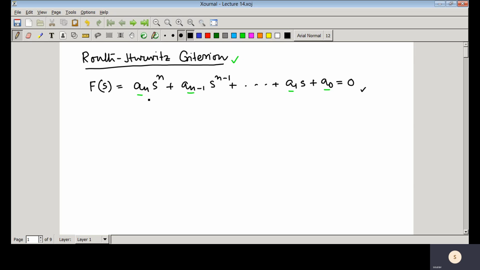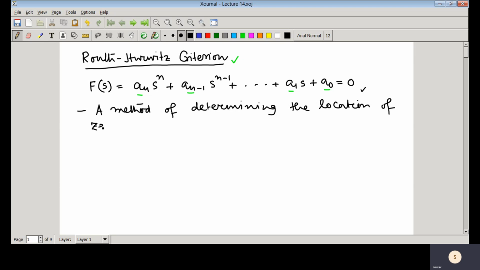It is a method of determining the location of zeros, the roots of a polynomial with constant real coefficients.